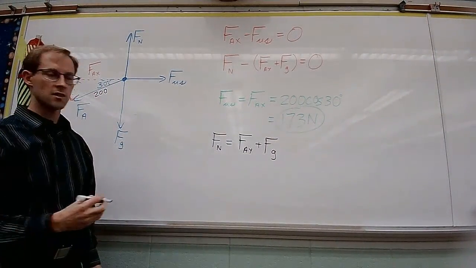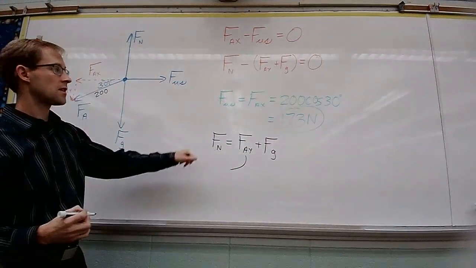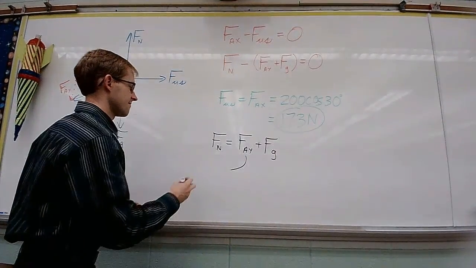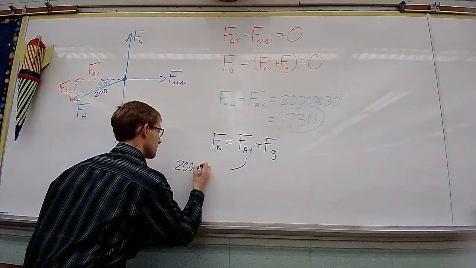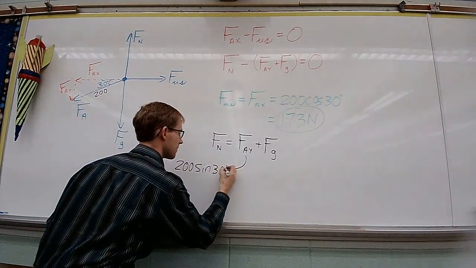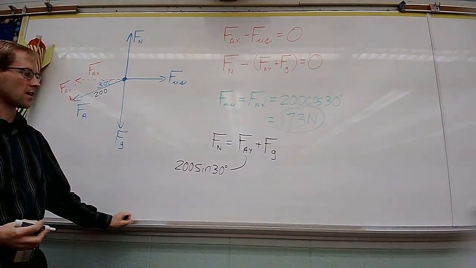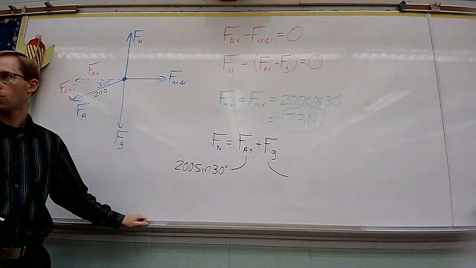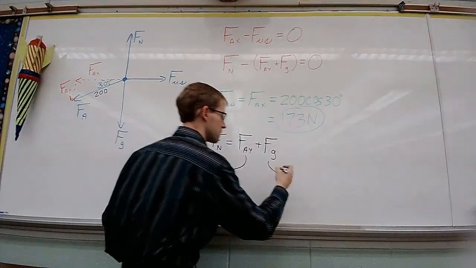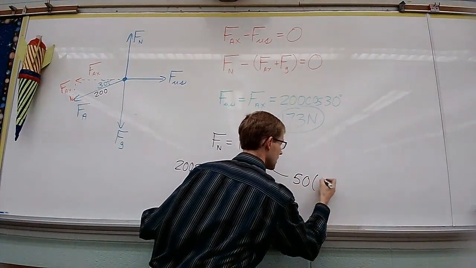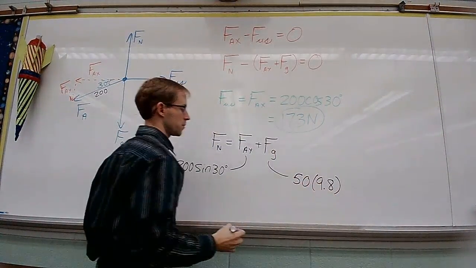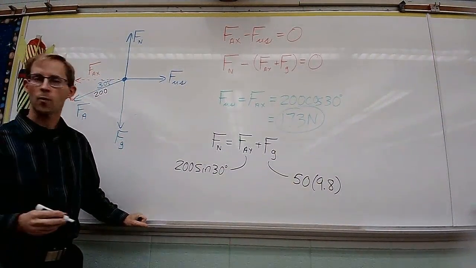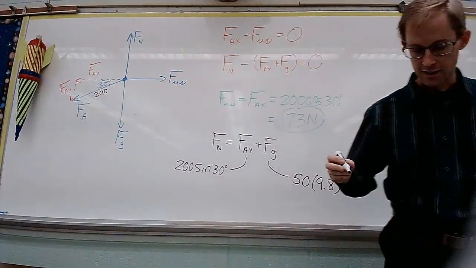So applied force in the y direction is going to be the same equation as this, except you're going to have sine. 200 times the sine of 30 will get you the applied in the y direction. Force of gravity, again, is just mass times 9.8. We haven't changed the mass. It's just 50 kilograms. And we multiply that by 9.8. So, add those two products together, and out pops your happy normal force, and that's equal to 590.